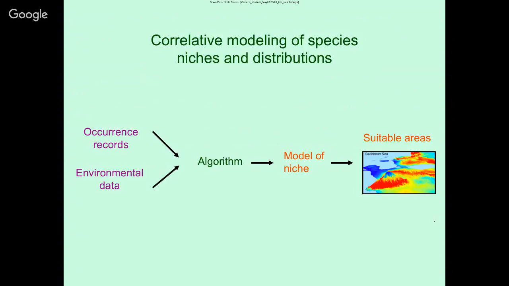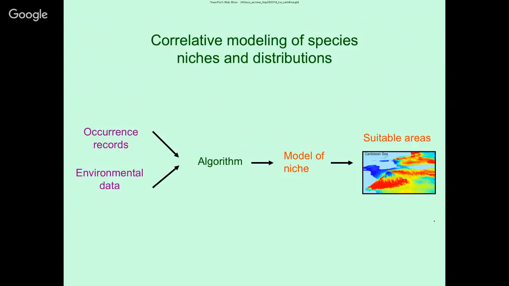We take the values of the environmental data at the coordinates of the occurrence records. We use an algorithm to build a relationship between those two things. And we have a model of what we're going to call a niche, which is more or less usually an abiotic representation of the niche, because we're mostly using climatic variables. This is not the case at all times.